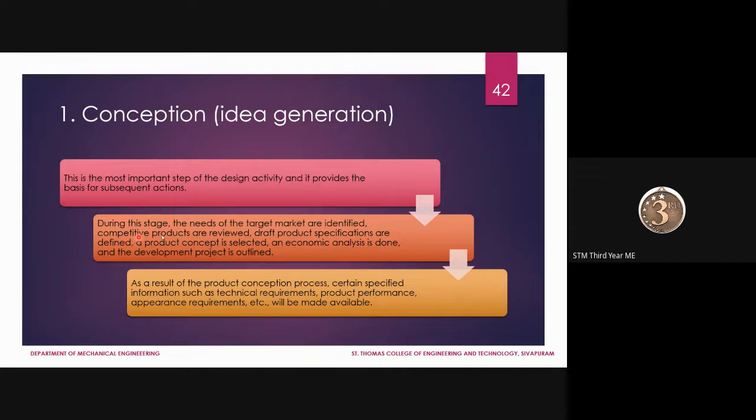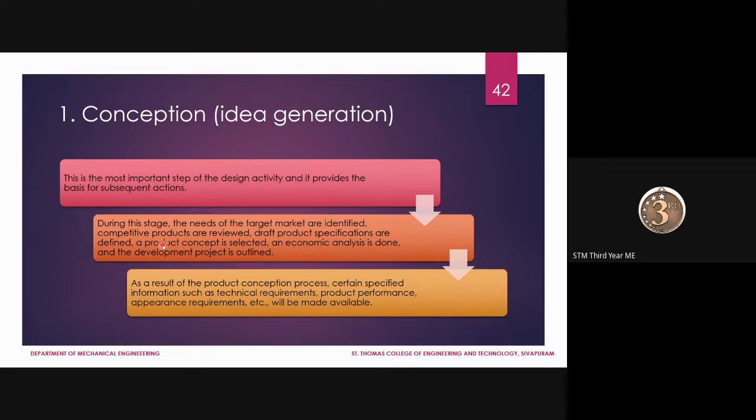Then the competitive products are reviewed. Competitive products in the sense maybe that product will be produced by a competitive or the competition industry. Okay, and if such products are present, we are reviewing such products also, so that you can improve the design, that is, make a design that is much better than the competitive products.